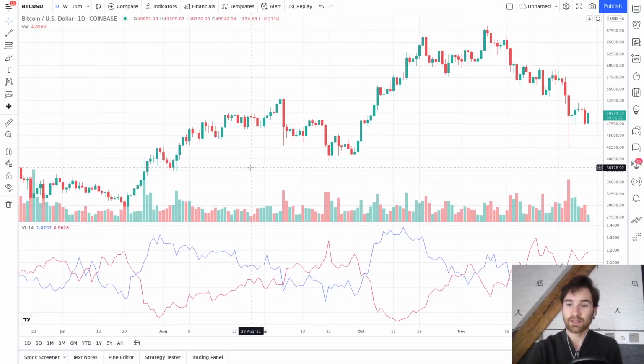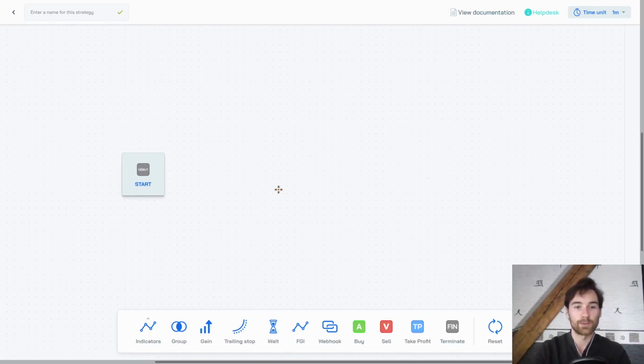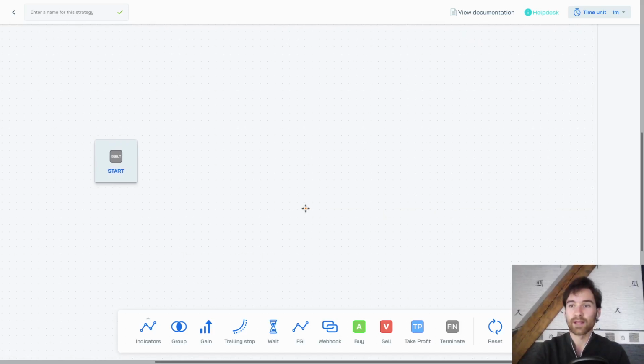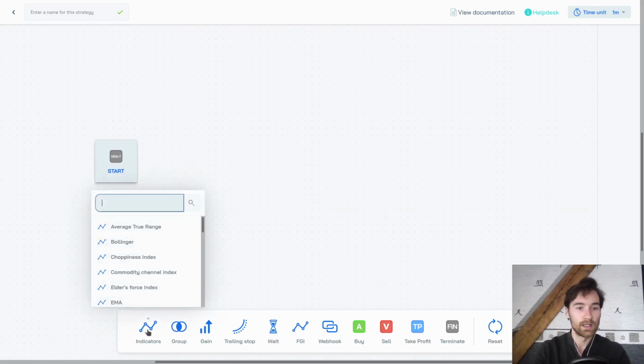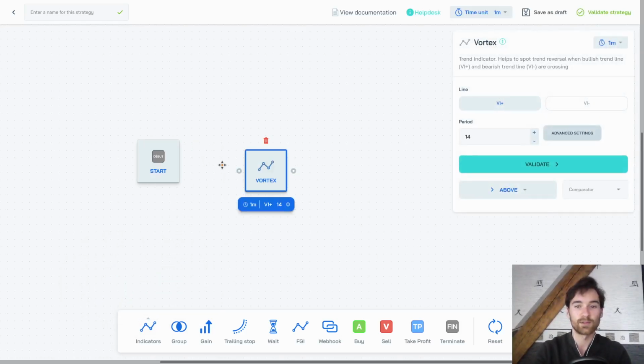So let's directly create a crypto trading bot with this indicator. So I will go on Botcrypto, the platform to create crypto trading bots easily, and I will try to recreate this strategy on it. I will start by adding a condition with the Vortex.